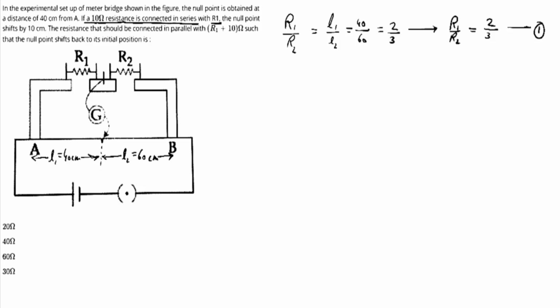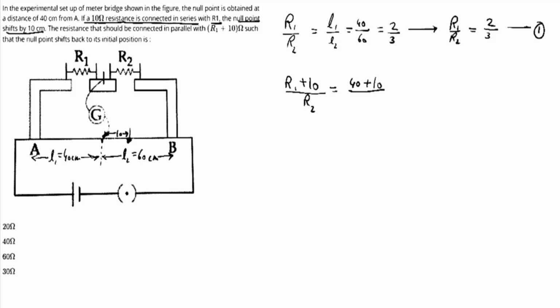This is the first equation. Now if we talk about the second condition given, if 10 ohm resistance is connected in series with R1, we have R1 plus 10 divided by R2. The null point shifts by 10 centimeter. So we will have L1 plus 10, because this point gets shifted 10 centimeter to this point.